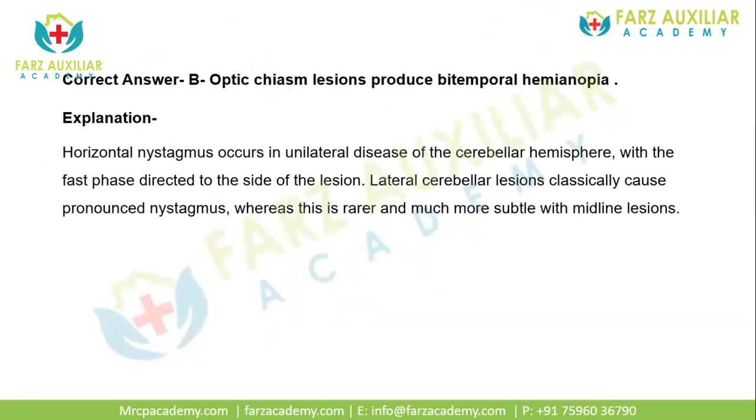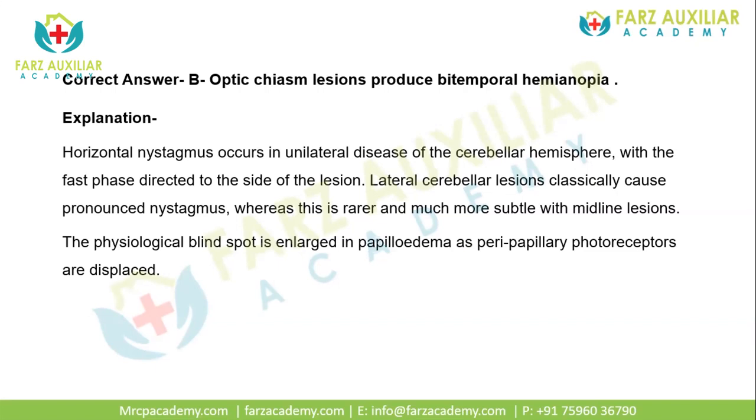So explanation, so they're talking about the other things as well. Horizontal nystagmus occurs in unilateral disease of the cerebellar hemisphere with the fast phase directed to the side of the lesion. Lateral cerebellar lesions classically cause pronounced nystagmus, whereas this is rarer and much more subtle with midline lesions.